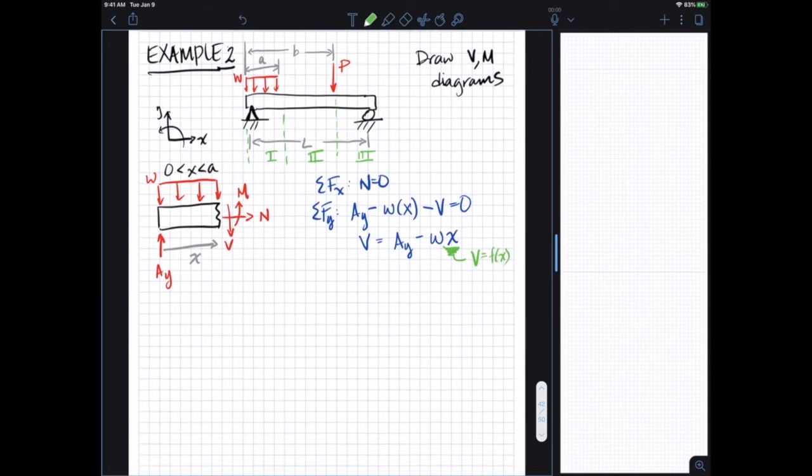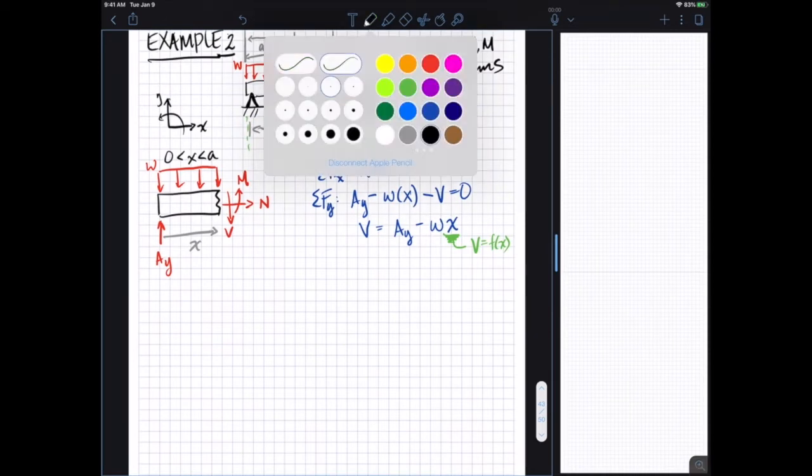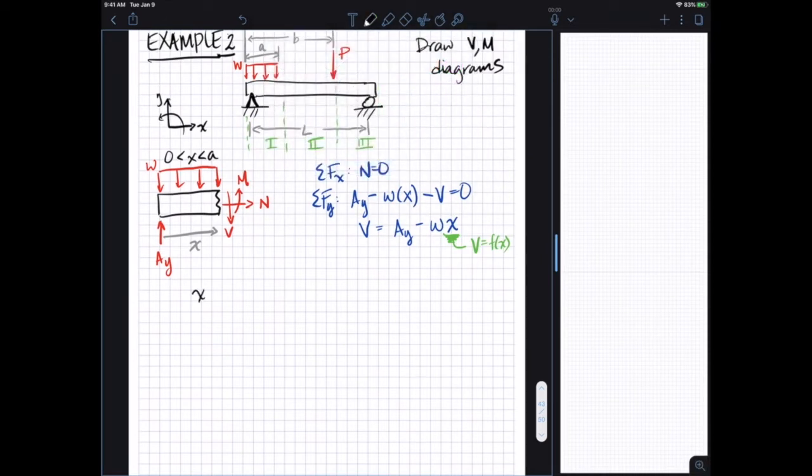And we can also now draw the one for section 2. So this will be section 1. We'll call this one section 2. And this is for x greater than A, but less than B. So we'll draw this free body diagram.